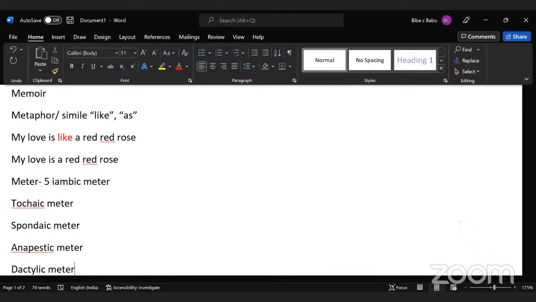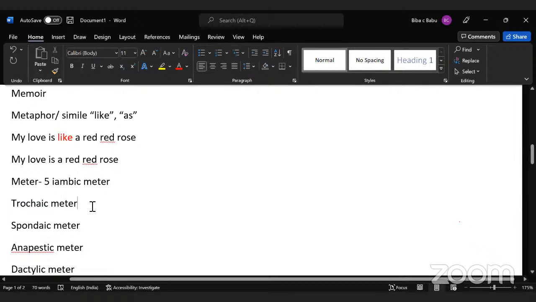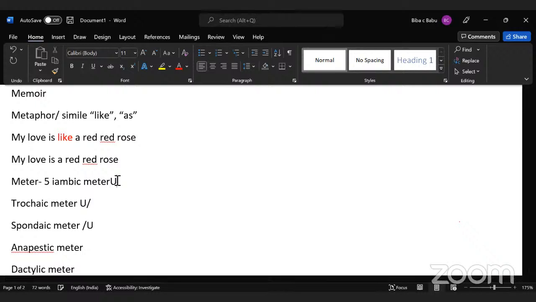Remember dactylic, we talked about it in the last class. This is an unstressed syllable followed by a stressed syllable. This is a stressed syllable followed by an unstressed syllable. Next, spondaic. Oh, sorry, I missed iambic.